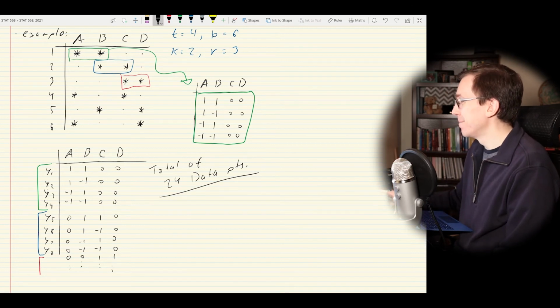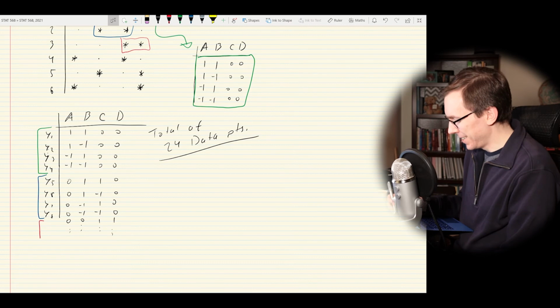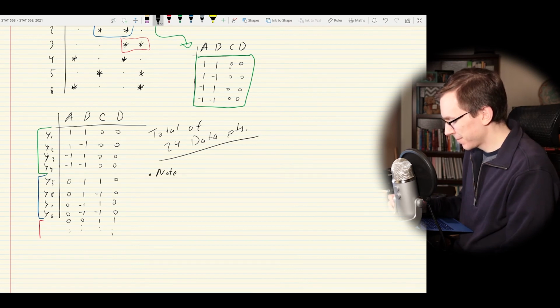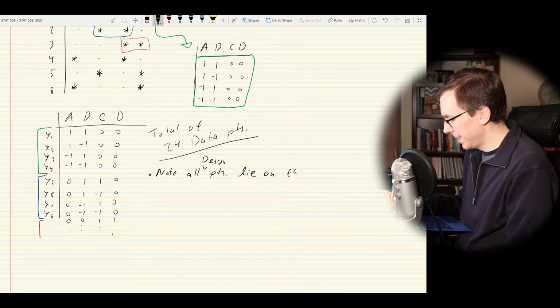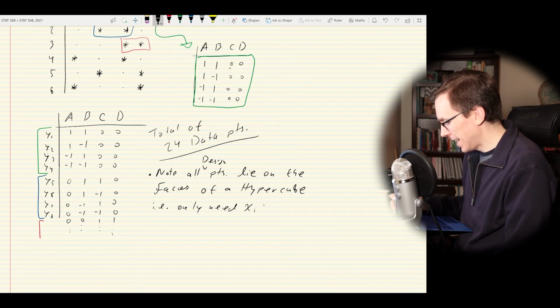All right. Okay, so is there anything else interesting about this? Well, I guess there are a couple kind of interesting things. Note: all design points lie on the faces of a hypercube, i.e. we only need xi to take on the values of -1, 0, and 1.